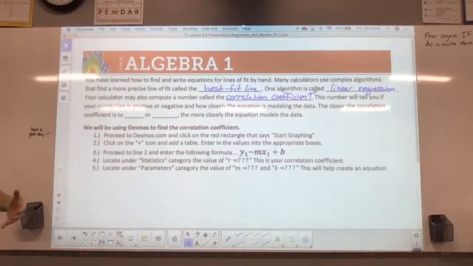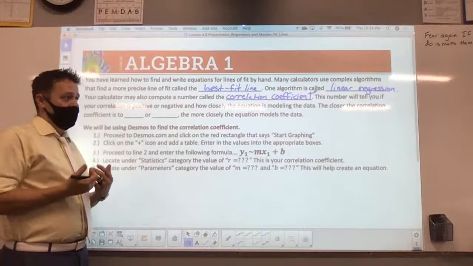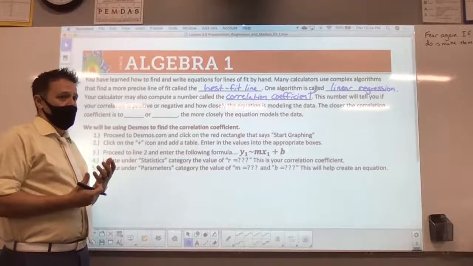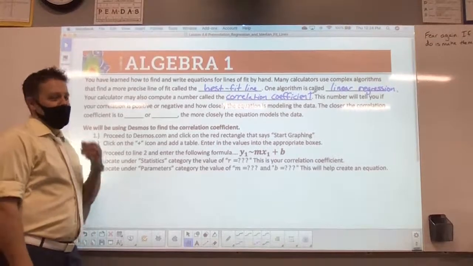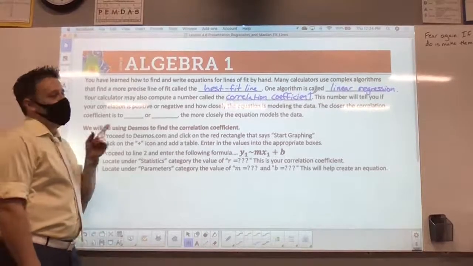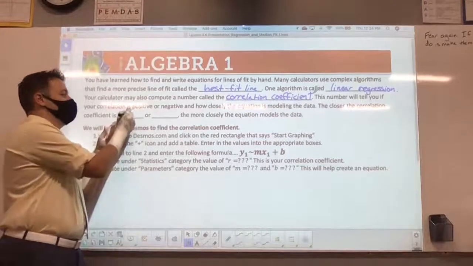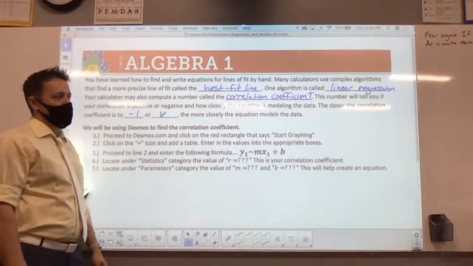This number will tell you if your correlation is positive or negative and how closely the equation is modeling the data. The closer the correlation coefficient is to -1 or 1, the more closely the equation models the data.